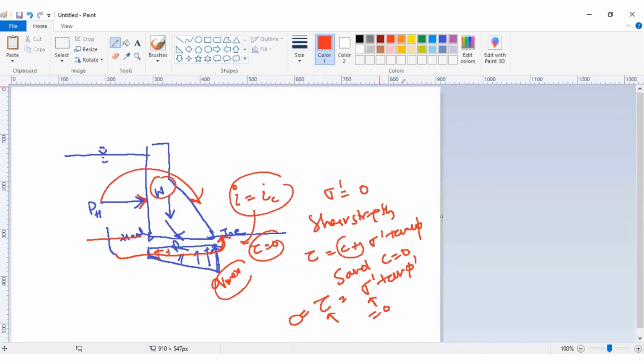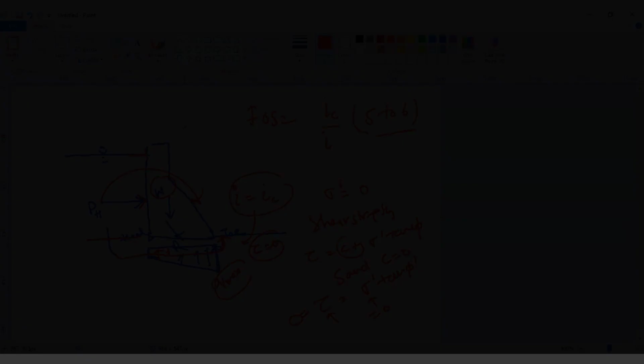So this condition is very critical, and that is the reason we take a very high factor of safety against this condition, IC upon I. IC is the critical hydraulic gradient, and we ensure enough factor of safety. It should be between 5 to 6, so that this condition is not at all perceived in any situation.